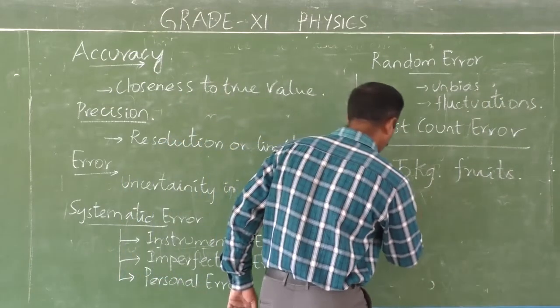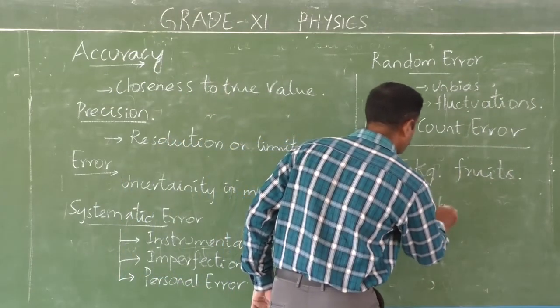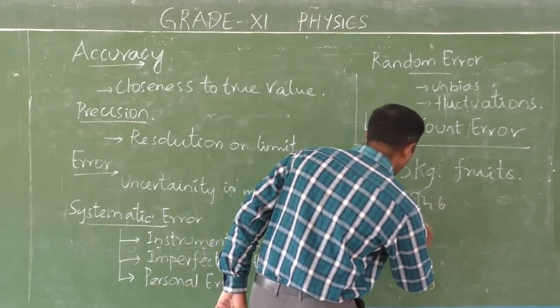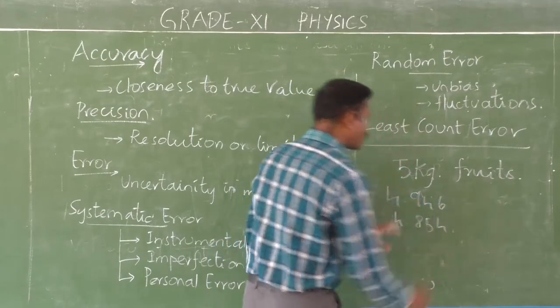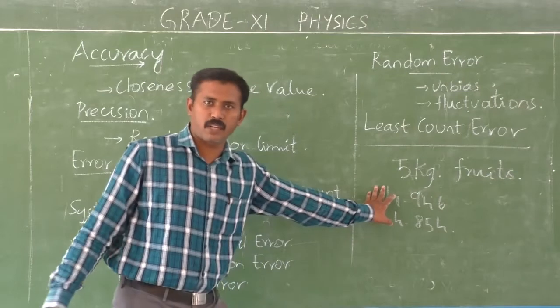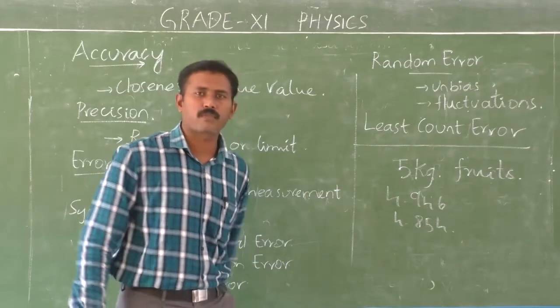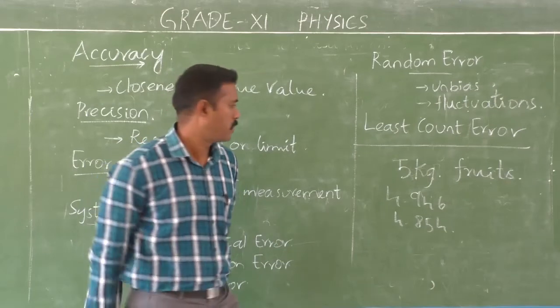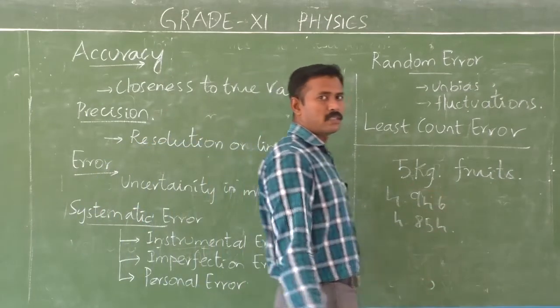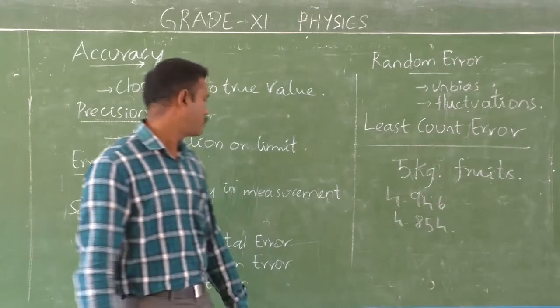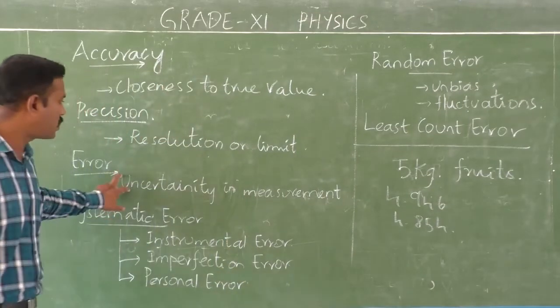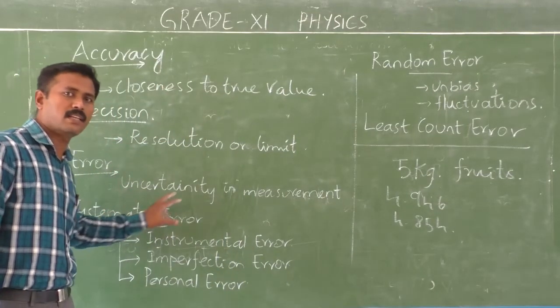It may show 4.946 or 4.854. Such readings will be displayed by the measuring instruments, but we will round it off to 5 kg. And the balance value is the error of the instrument. So that is the uncertainty prevailing in the instrument.